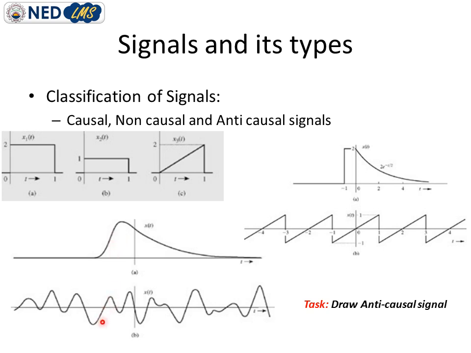Now look at this figure. This signal is an everlasting signal because it is starting from t is equal to minus infinity and continues forever. So an everlasting signal is always a non-causal signal, and this signal is also a non-causal signal. So the statement is valid that an everlasting signal is always non-causal, but a non-causal signal is not necessarily everlasting.